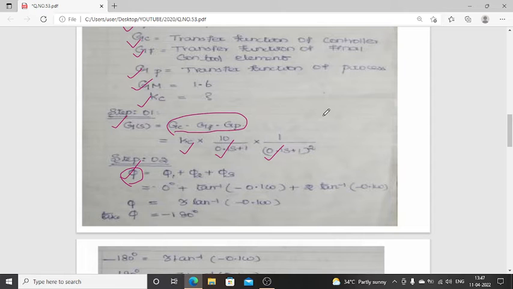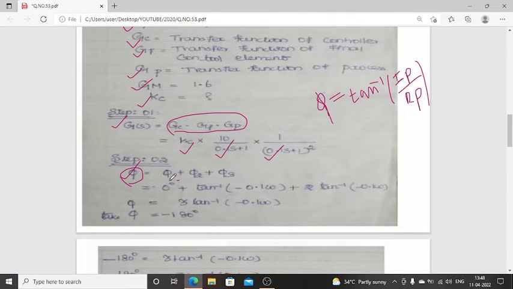The general formula for phase angle is phi is equal to tan inverse of imaginary part divided by real part. So this is the general formula for phase angle in frequency response.